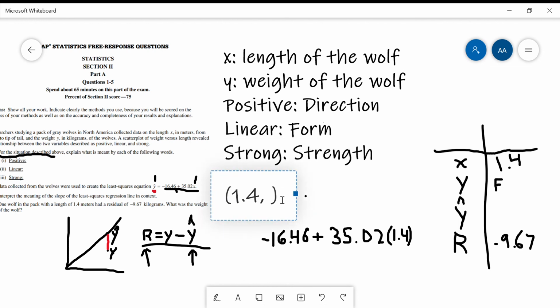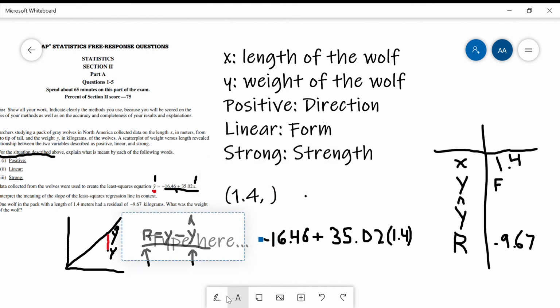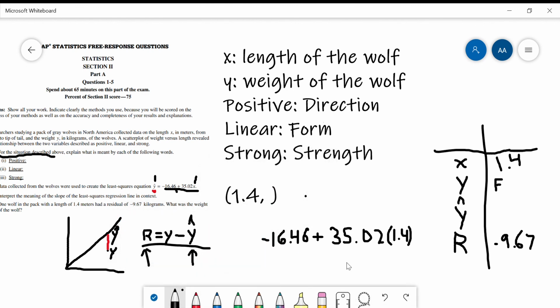So to add on here, y predicted. So if I remember, 32.57. I'll just round up. 32.57, and we have y, the actual, here.